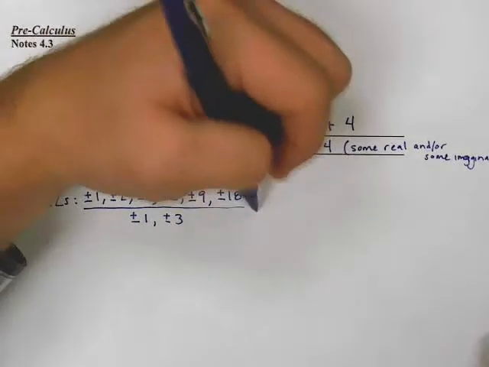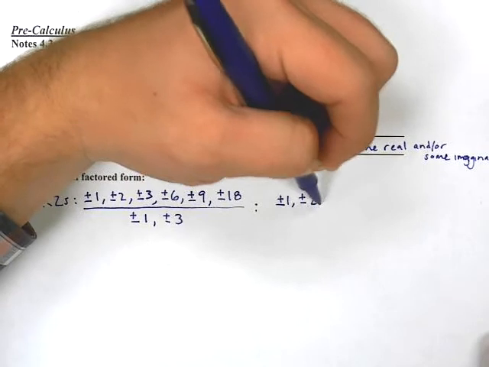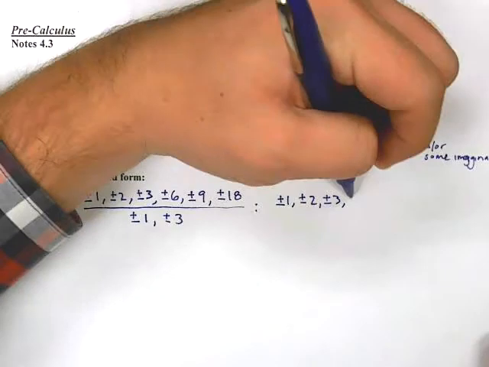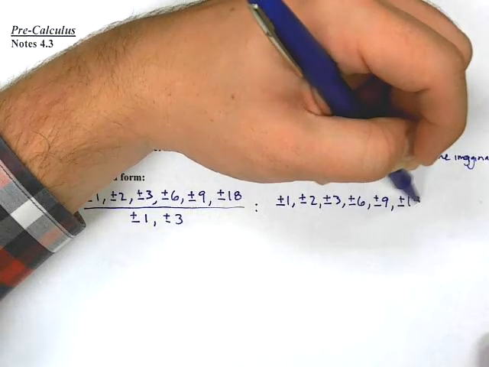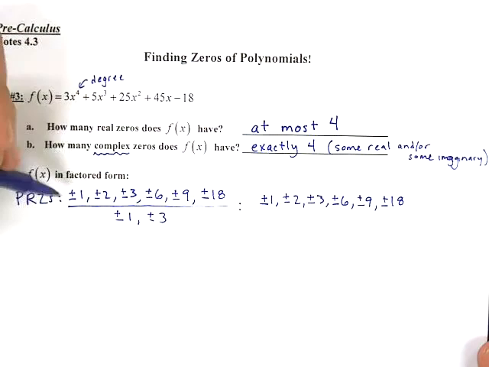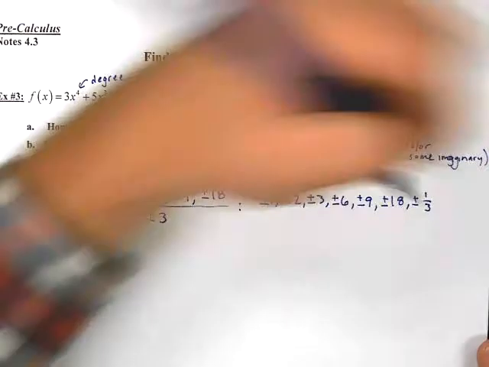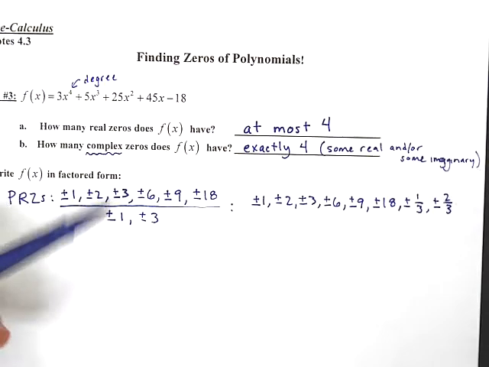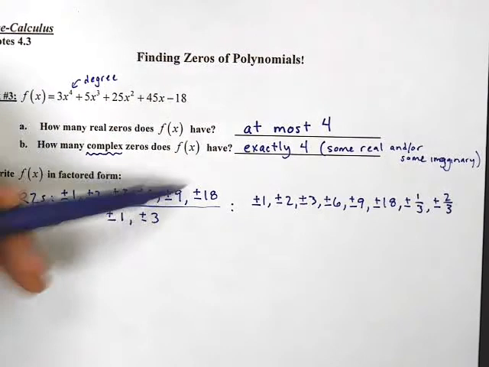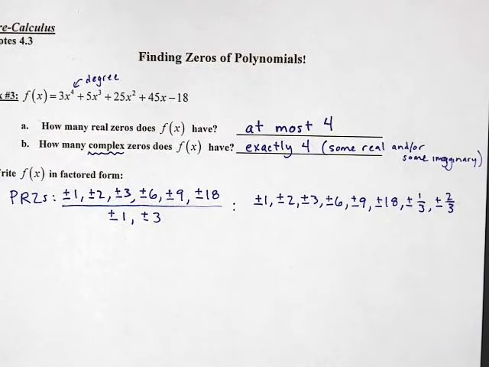And now I finish this by making a better list. 1, 2, 3, 6, 9, 18, 1/3, 2/3. Thank goodness, I'm done. 3/3 is 1, 6/3 is 2, 9/3 is 3, and 18/3 is 6, and I already have those. So, there we go. There's our list.